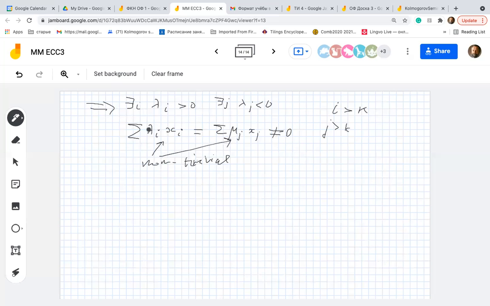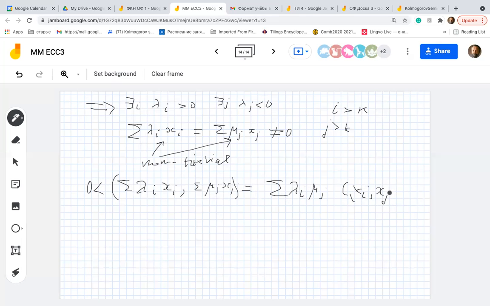And again, we multiply the left-hand side by the right-hand side. So we obtain on one hand a positive value, because this is an inner product of a non-zero vector. And on the other hand, if we use linearity, we obtain the sum of lambda i mu j times xi xj.